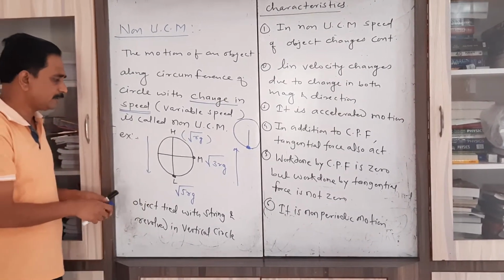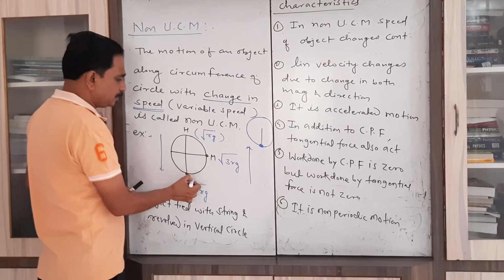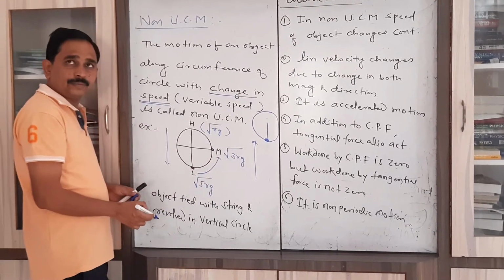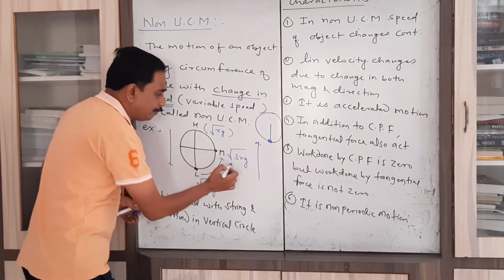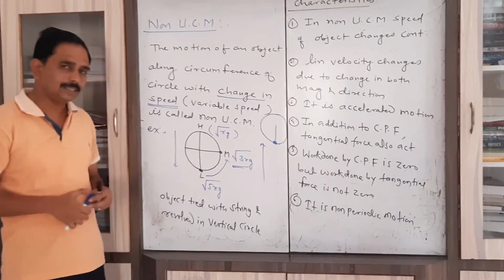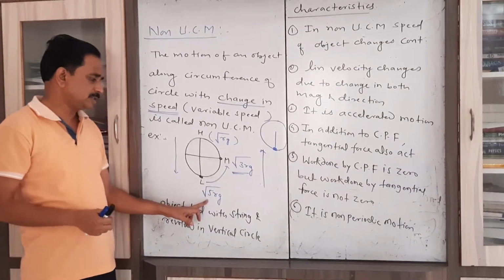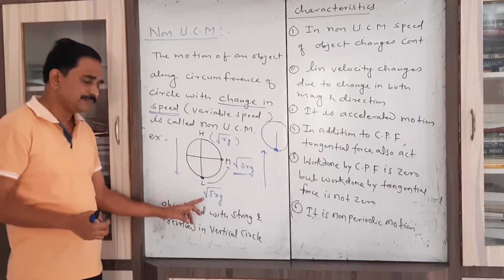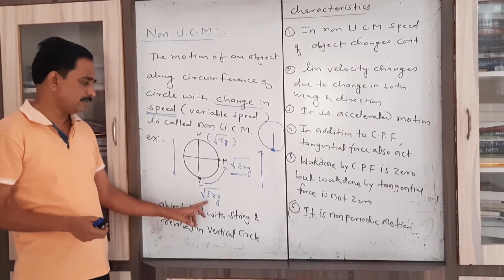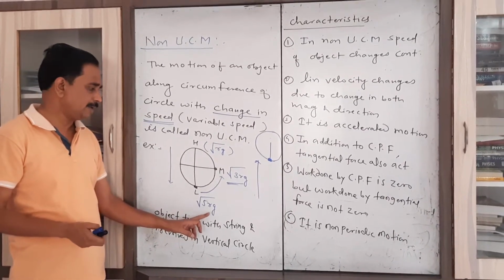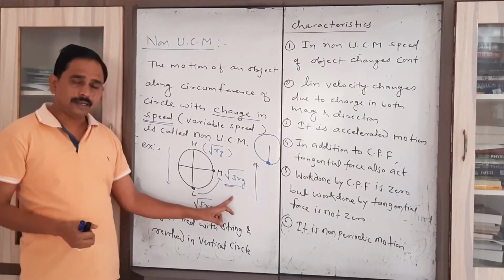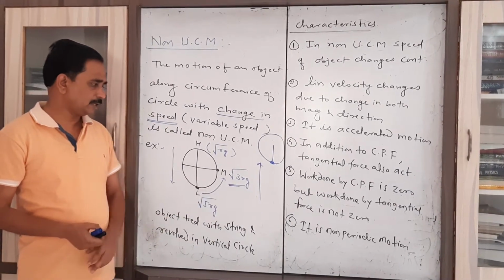Now when this object moves from the lowest position to the middle one, the magnitude of velocity, that is the linear velocity, changes. At the lowest position, its linear velocity is given by root of 5rg. At the middle, its velocity becomes root of 3rg.